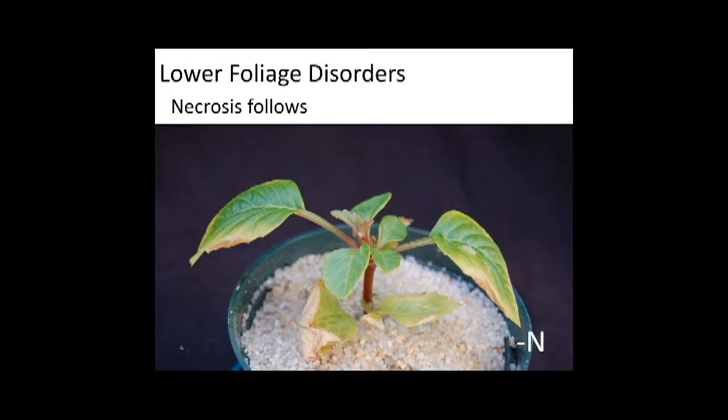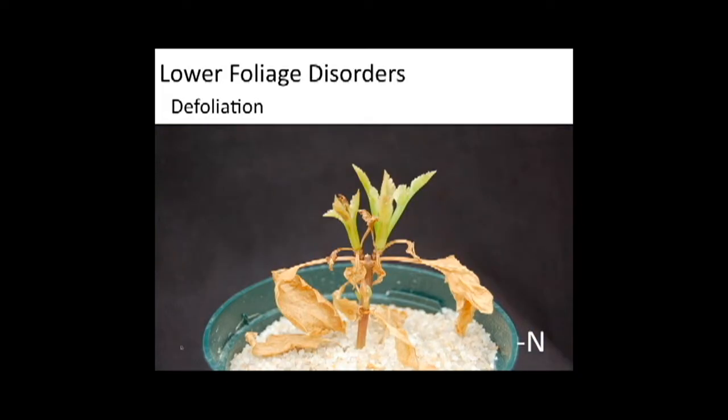That's why we see it at the lower foliage. And then finally, under very severe conditions, you see here is total necrosis. This will happen if you're really growing them lean and mean. Now, we're trying to kill these plants, and you can see we really do a good job at it. We're growing them without any nitrogen in the silica sand, so we have this defoliation occurring with the plant.